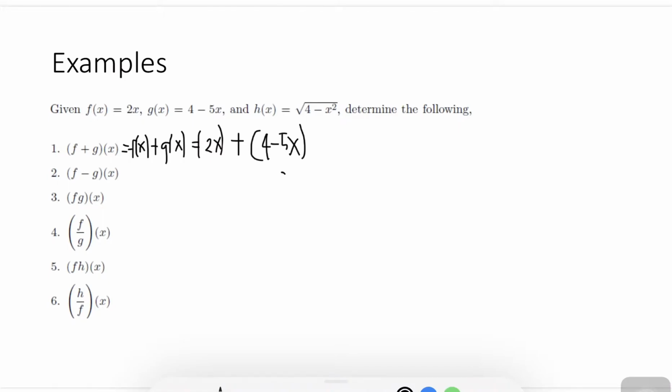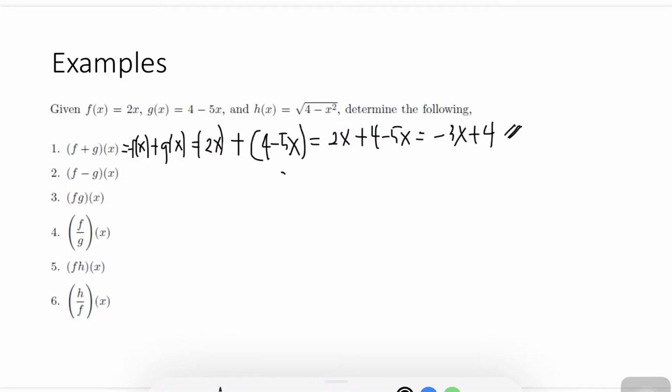So these are g of x. So simplify. You have 2x plus 4 minus 5x. So combine like terms, you have negative 3x, because we have negative 5x plus 2x is negative 3x plus 4. So this is our answer for number 1.